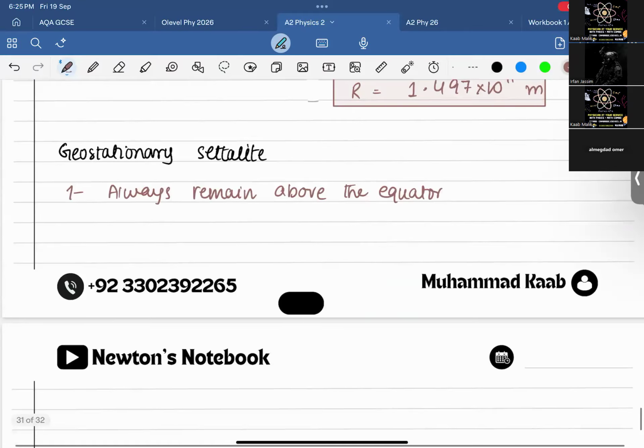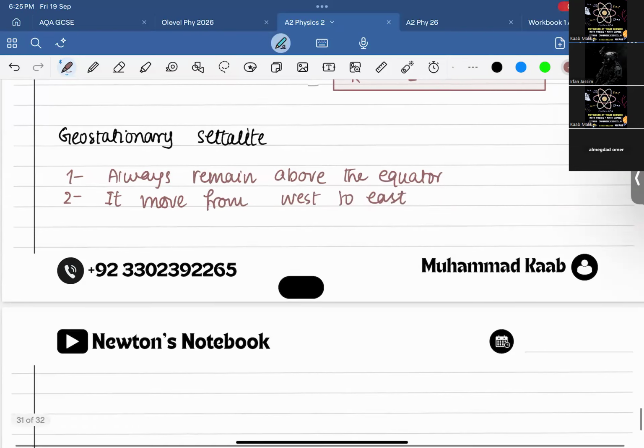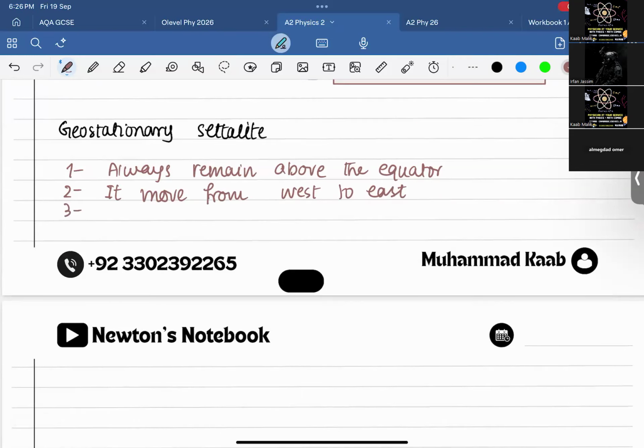The second thing is it moves from west to east. And the third thing is the period of its rotation is 24 hours or 1 day.